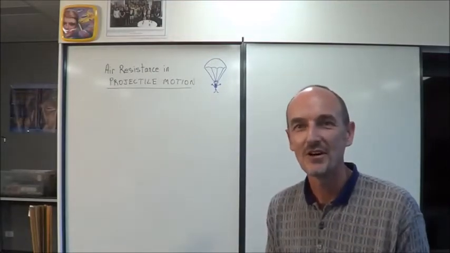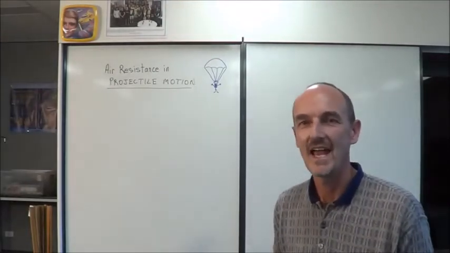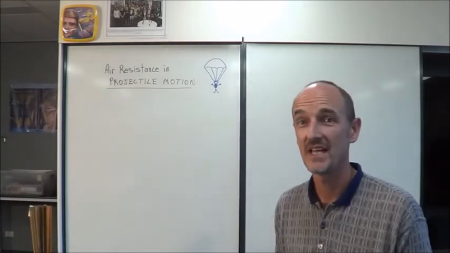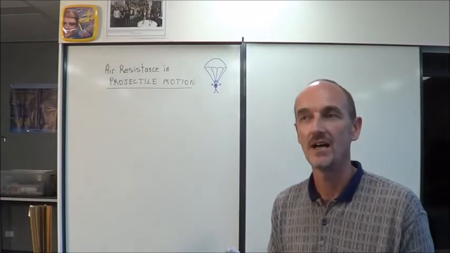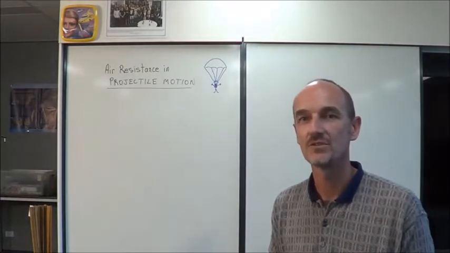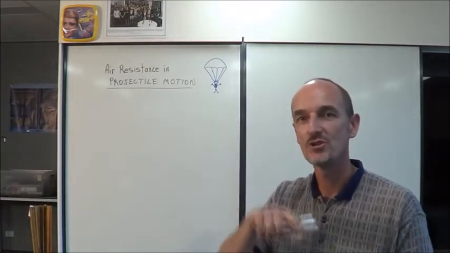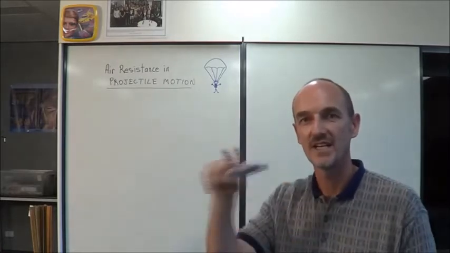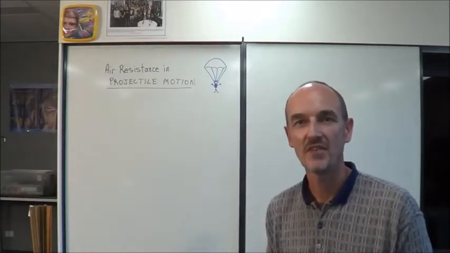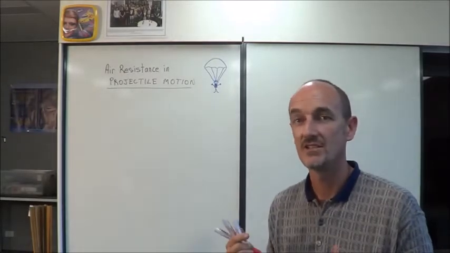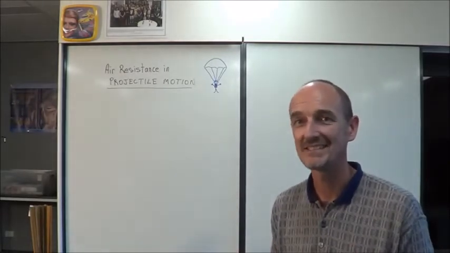So, last time we looked at how air resistance force can be calculated, but today we're going to look at how the air resistance force can affect the motion of an object travelling in a parabolic path. We're not going to do it mathematically because it turns out to be quite complex.